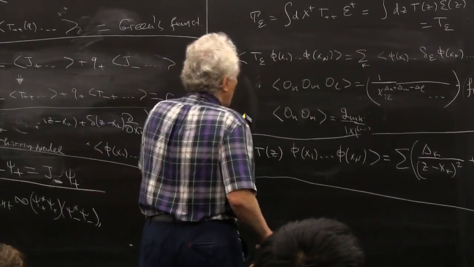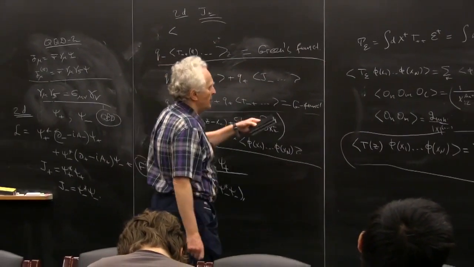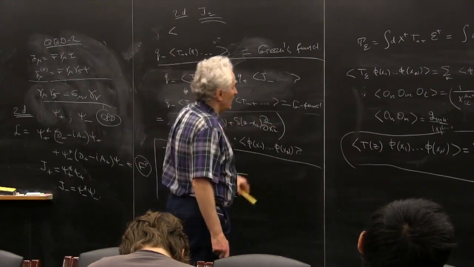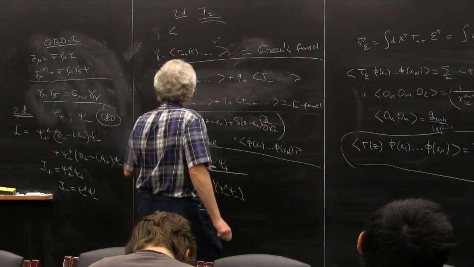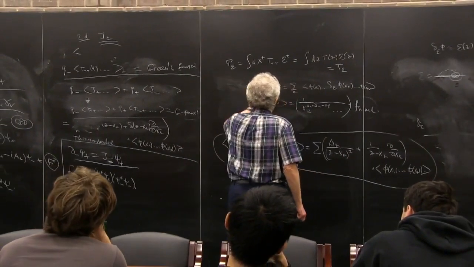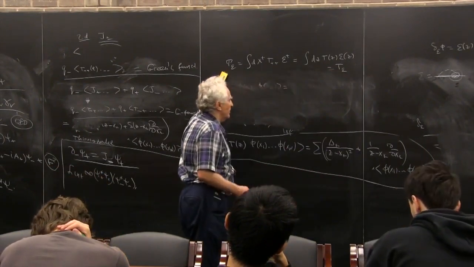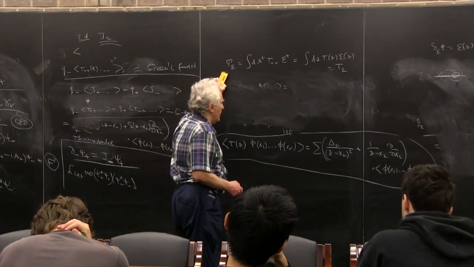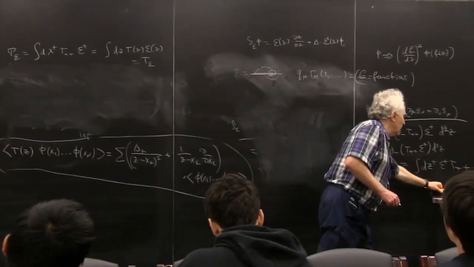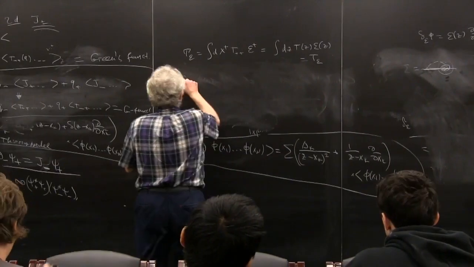Okay, one more general comment, and then we will see how to proceed with this conformal field theory. Let's assume that T++ goes to zero very fast as z goes to infinity.